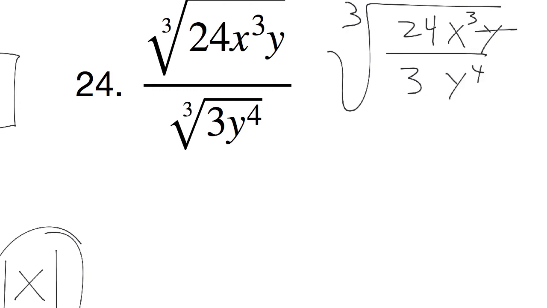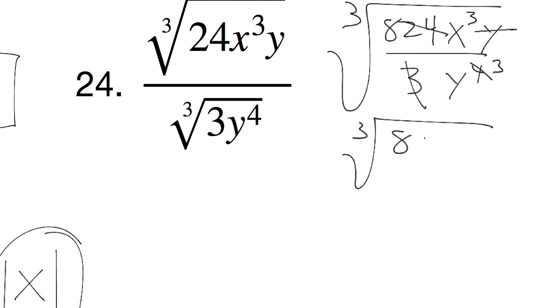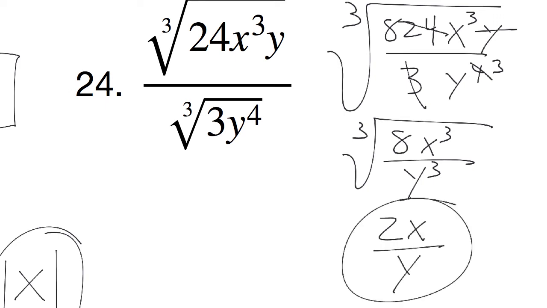I'm going to cancel these, and I get 8. Cancel this, you get 3. That means you get the cube root of 8x cubed over y cubed. And when you take the cube root of all 3 of those factors, you get 2x over y. Simplified.